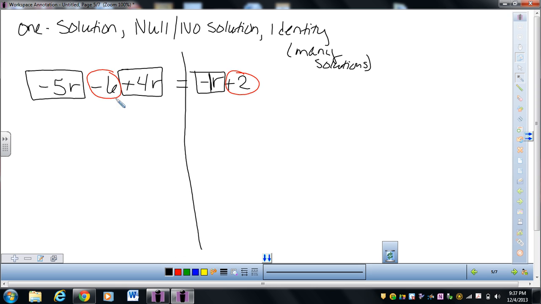All right, so first I'm going to combine these boxes on the same side. So negative 5r plus 4r is going to give me a positive 1r. I did not do anything with that negative 6, so I'll keep it the same. And I did not do anything over here, so I will keep that the same also. I'm going to box and circle again.